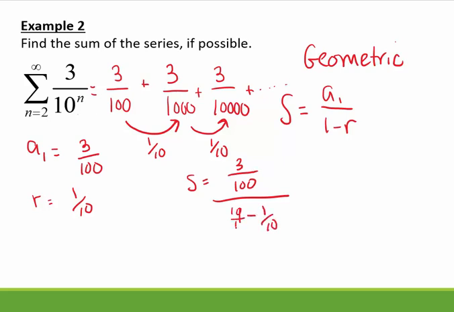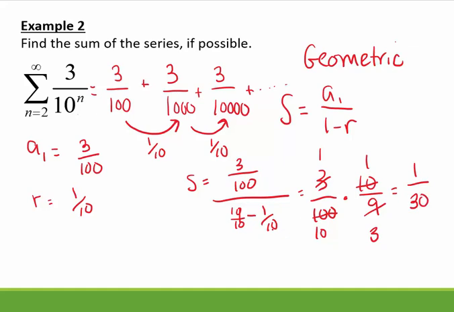That's 9 tenths, so 10 ninths. So I get my sum is 1 over 30.